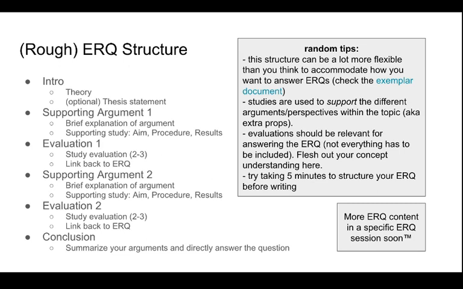The point is to take at least two different arguments and talk about them critically. That's what IB wants; they don't expect you to cover everything. So the recommended structure people will definitely give you is to do two studies and evaluate them.